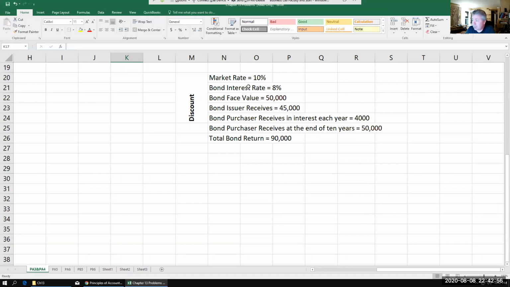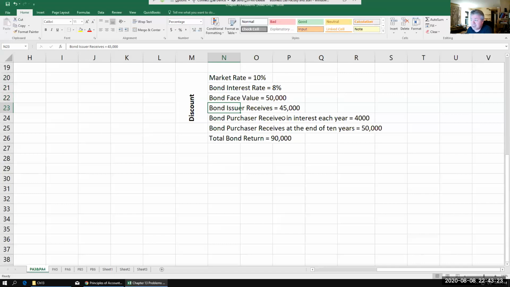And so just like with the others, in this case, we have our market rate of 10%, but we're giving a little bit less. Again, we say 2%, but if we're talking about a huge bond, it could be a whole lot of money. So in this case, we have a face value of $50,000. We're going to have to pay back $50,000, but we sell it at $45,000 because we're offering a lower interest rate.